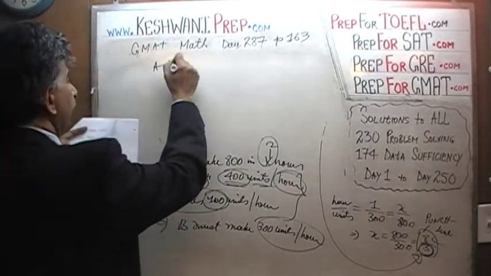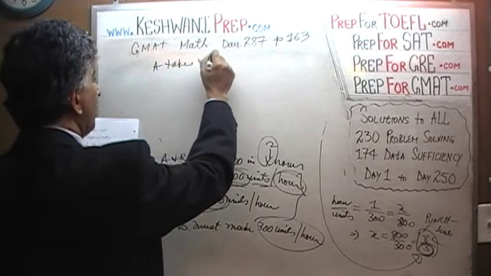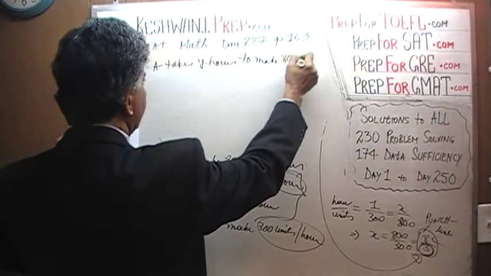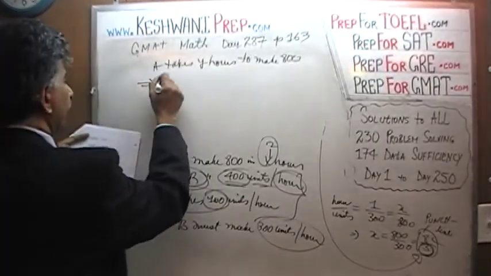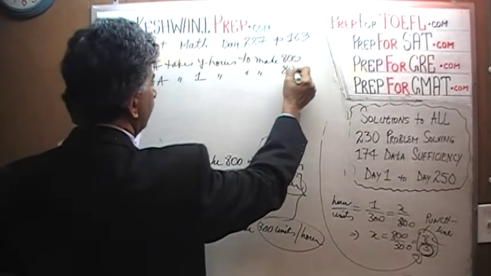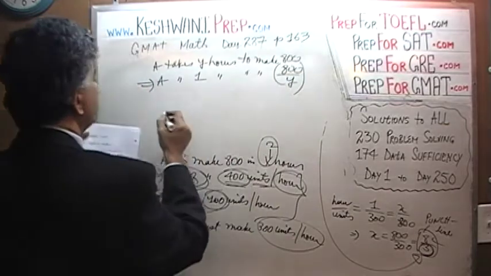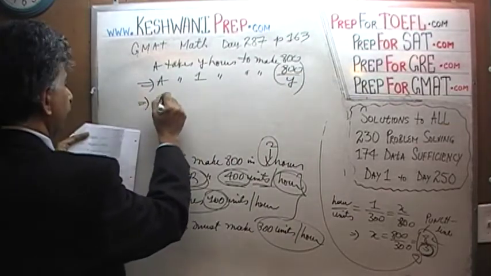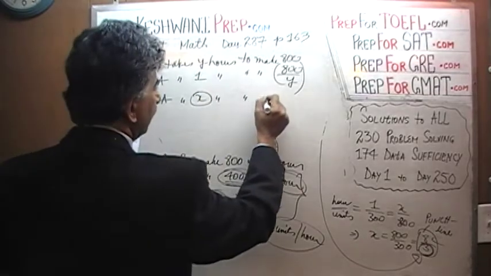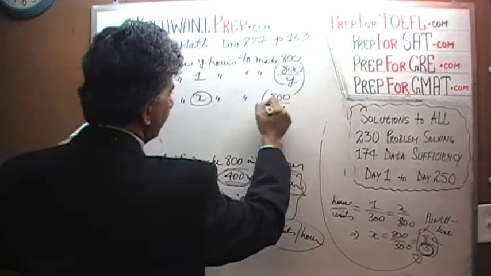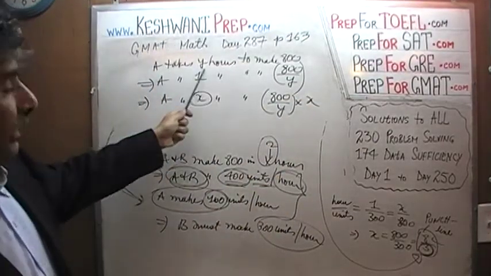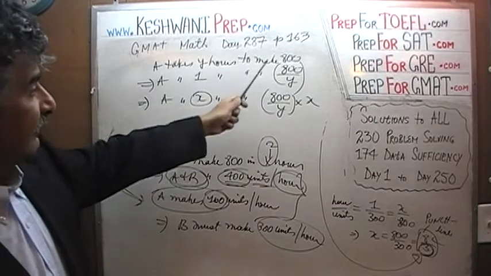A, we are told, takes Y hours to make 800. That implies that A will take 1 hour to make 800 over Y. That also implies that in X hours, it can make 800 over Y times X. One more time.